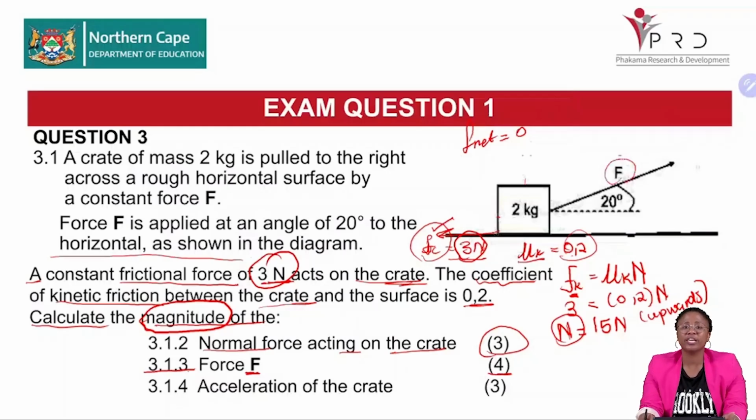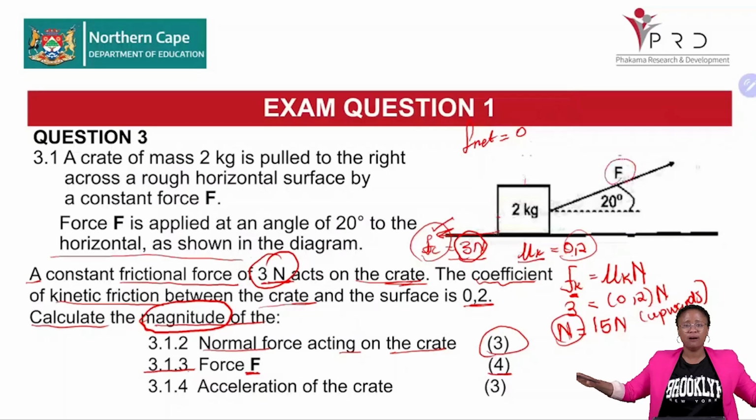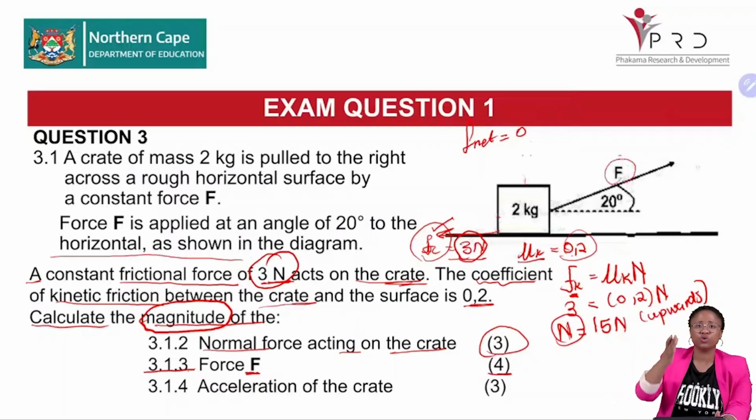So we therefore cannot assume that the horizontal motion of the object will be equal to 0. The only one that we know is equal to 0 is the one acting vertically. So what is it that I have vertically?